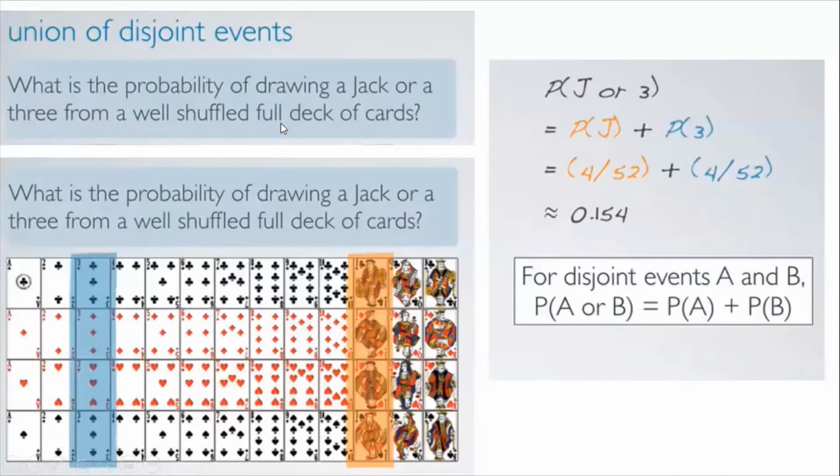Let's look at this one, the union of disjoint events. How do we think about it? These are a deck of cards. Anyway, we're not testing your knowledge of cards.